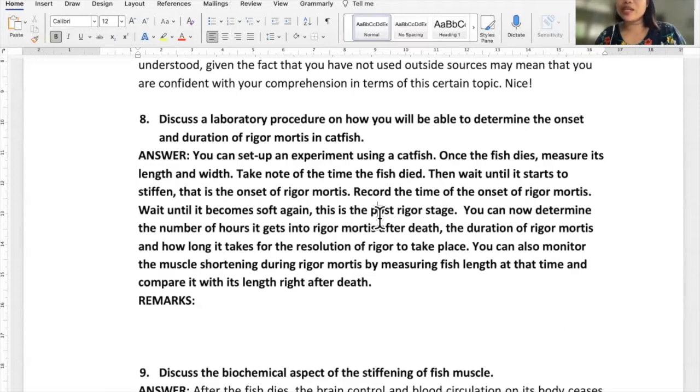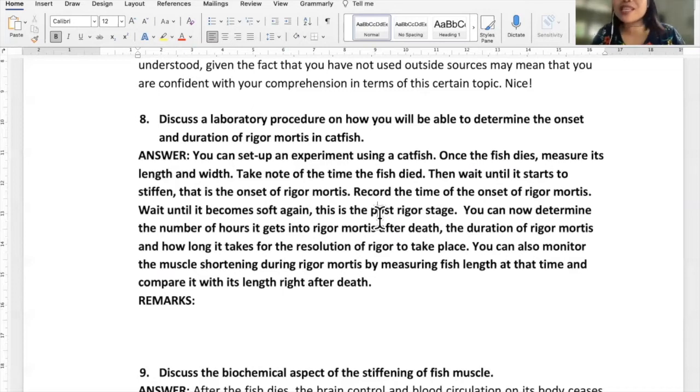And what they do is carry the ice bucket from one class to another until they complete the experiment. How would they know that the experiment is completed? When the fish has stiffened, they have monitored the time, and the time it returned to softness again. That's the end of their experiment.